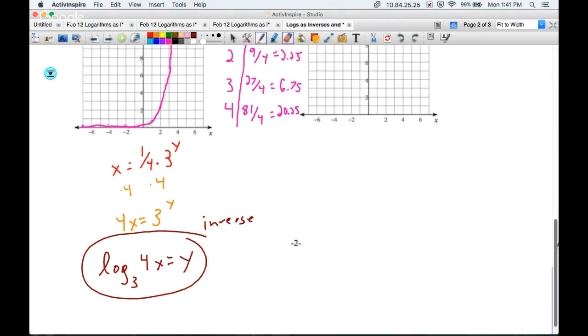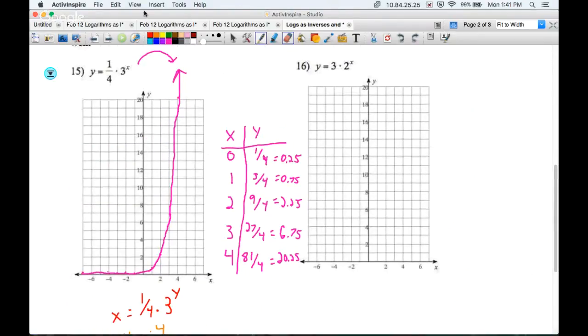But to graph it, I'm just going to reflect all of these points the best I can. So this should be now 1/4, 0. So right there. Then we should have 3/4, 1. 9/4, 2.5, so just about there. 27/4 or 6.75, comma 3, and we're off the graph.